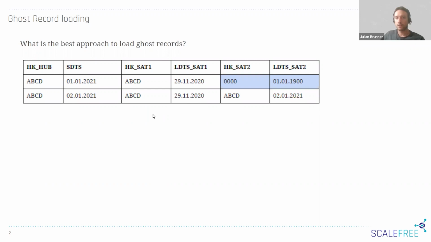The second is the error key for anomalous cases. For example, if there's a missing or broken relationship in the source, the error key is set for the missing business key in a link entry. So that's it for the basics of ghost records.